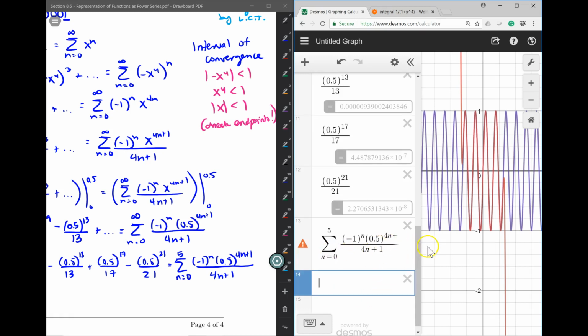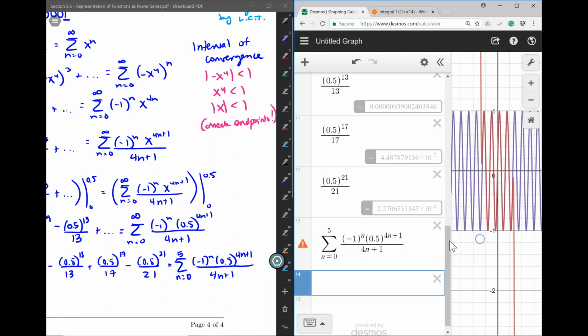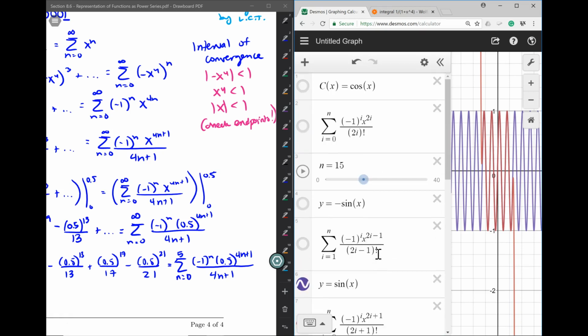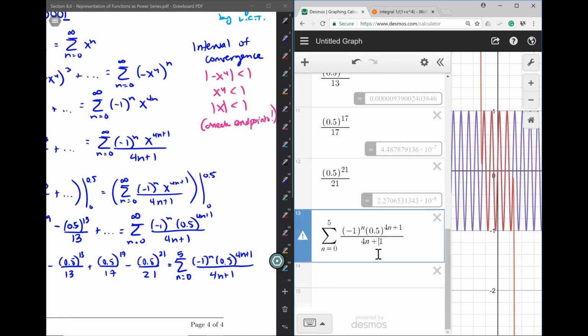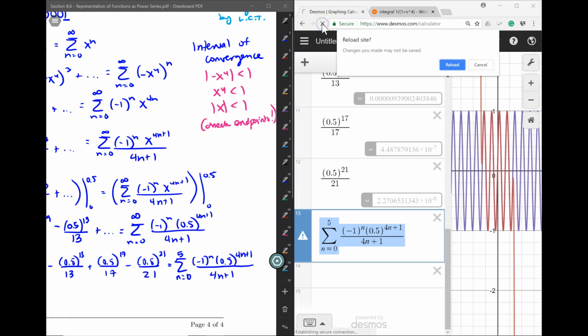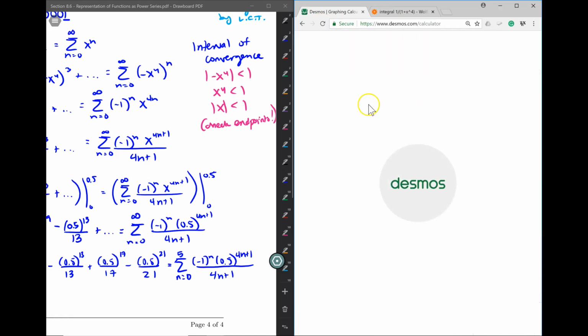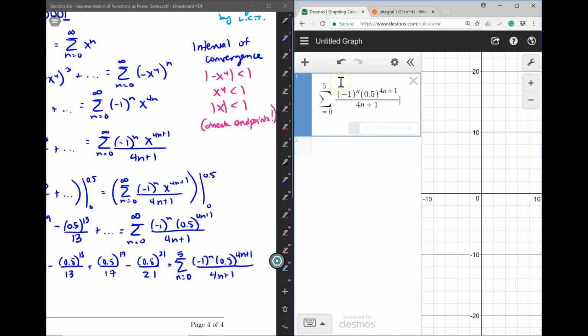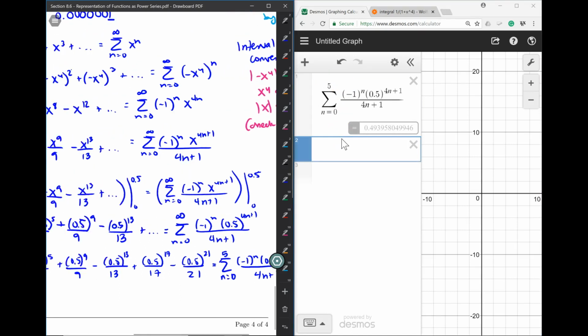What doesn't it like? 4n plus 1. Oh, you know what? I think it doesn't like that because I used some slider stuff. So here's what I'm going to do. I'm going to copy this, and then you could also change the index to something else, but I'm going to copy it and just refresh my screen here. And that way I don't have to retype it in, but now Desmos doesn't have to worry about what that n value thing is.